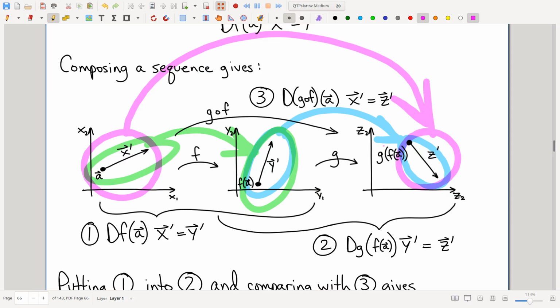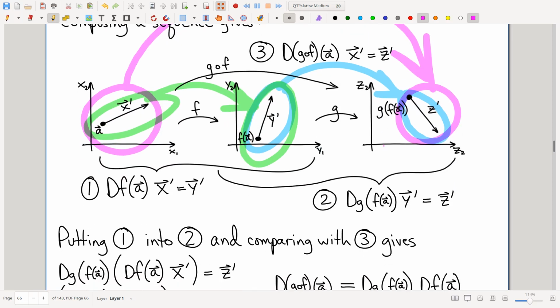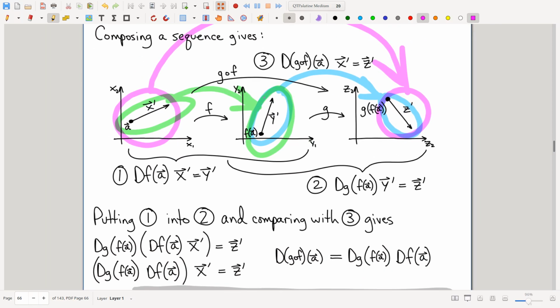In the same sense that when you multiply by 4 and then multiply by 5, all together you multiply by 4 times 5. Here, same thing. When you multiply by one matrix and then subsequently multiply by another matrix, in effect, you multiply by the product of those matrices. So we get this highly analogous result here.